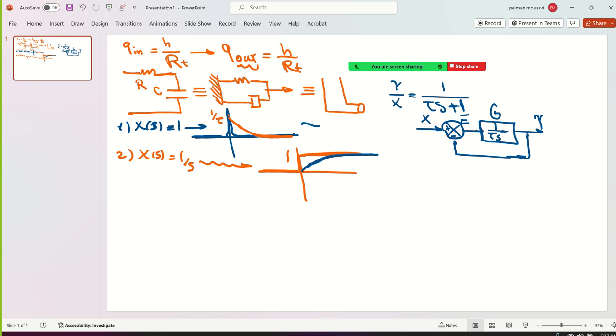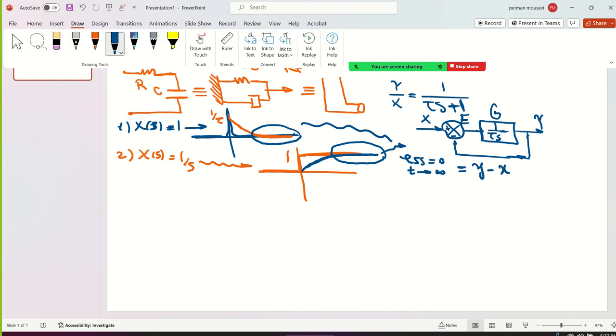For both of these two, we saw that the steady state error signal is 0 because the steady state output follows the input, right? So E when time goes to infinity is 0, because we define E as output minus input, right? From where? From this block diagram.